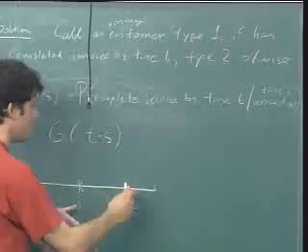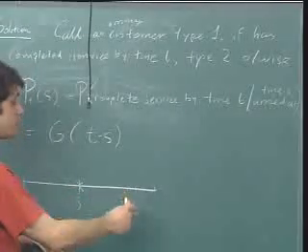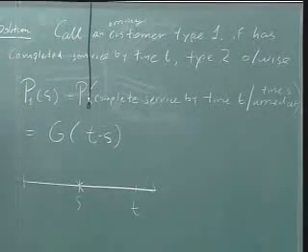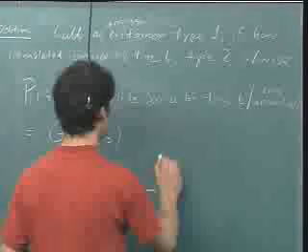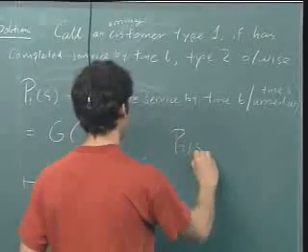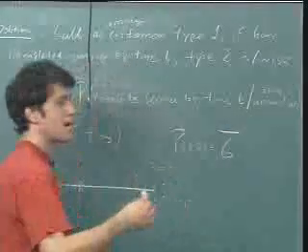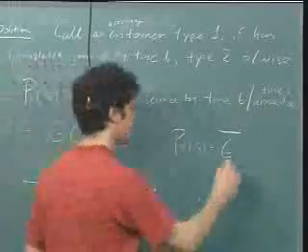So our service time has to be less than or equal to t minus s. So this is P_1(s), and similarly, P_2(s) is just G bar, which means 1 minus G of t minus s.